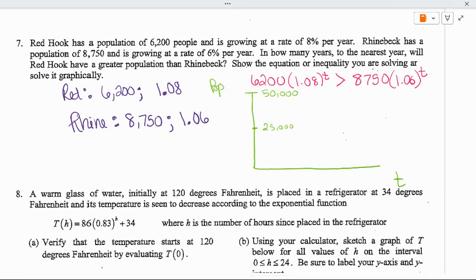Where does our Red Hook population begin? What's the beginning value for Red Hook? 6,200. So that's like 1/3 of 25,000. Are you guys okay with that? And it grows at a rate of like 1 something. I don't know. I'm just making a sketch. I just know that this is the 6,200.